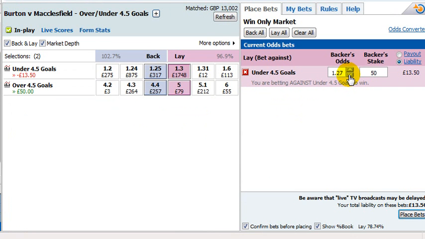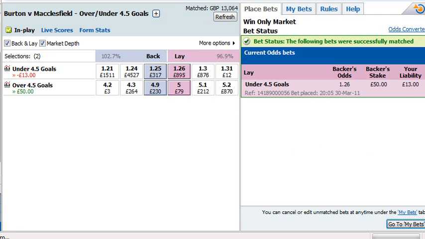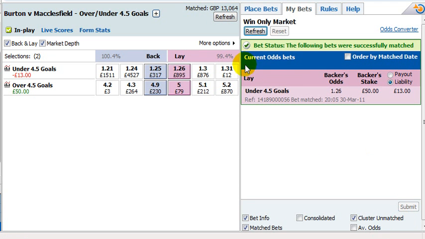The 2-2, 3-2, 3-1 even to Burton, 3-all. So I've decided to lay the under 4.5 at 1.26 for £50. Okay, that's duly matched. So now it gives me an extra liability of £13 on that particular market.